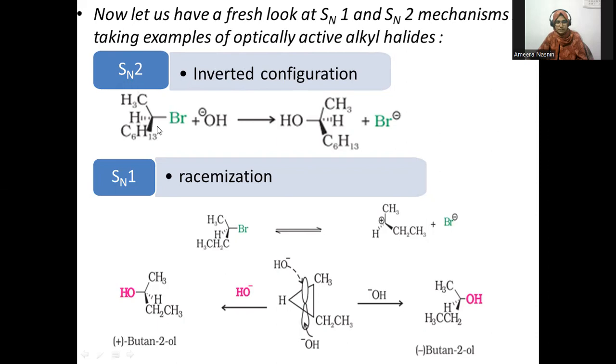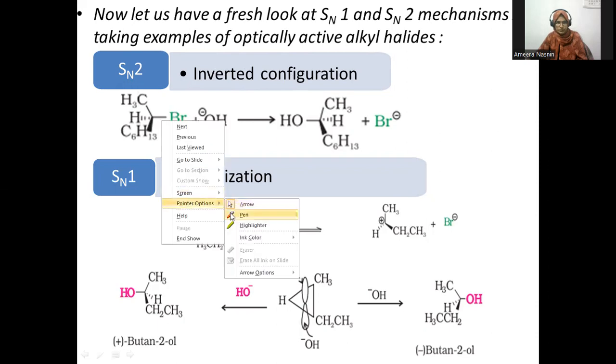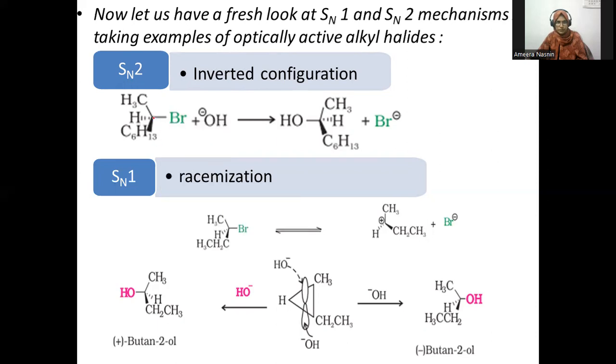Inversion of configuration. See, here all the bulky groups are facing towards the left side, and the nucleophile is attacking from the back side, and what happens is the configuration gets inverted like an umbrella turning upside down, and now the new nucleophile is attached at the back side of the initial configuration.